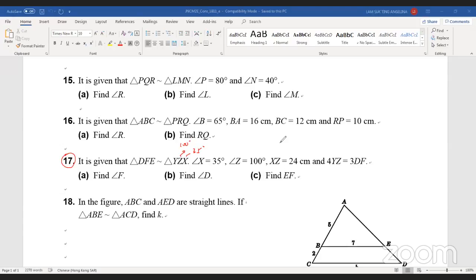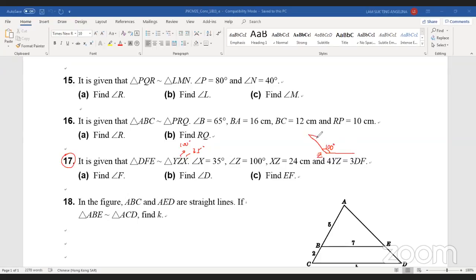Then you may think that I may have a triangle that looks like that, because there's one angle more than 90. Then label this one as C and 100 degrees.